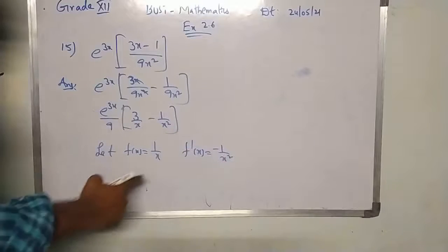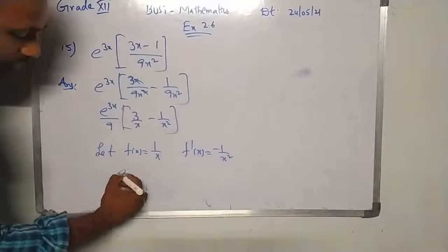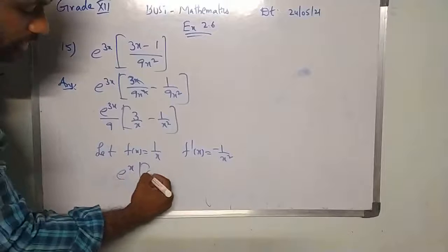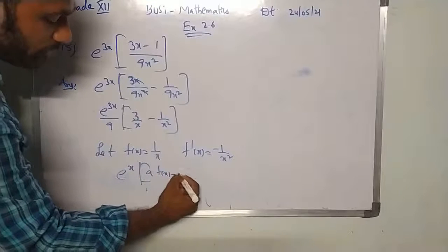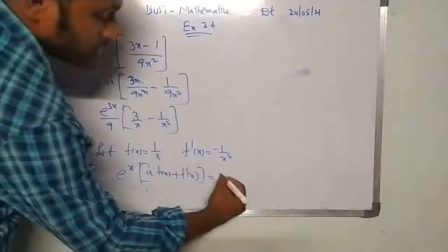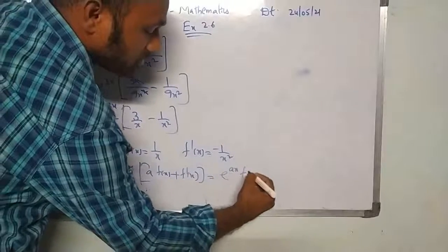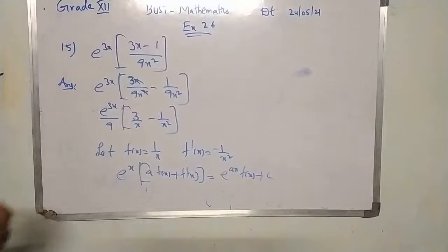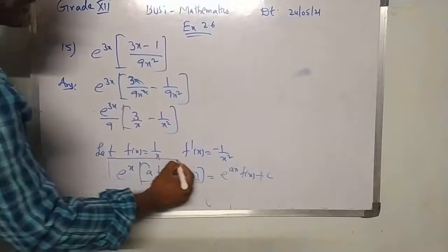So I can apply the formula e power ax into a into f of x plus f dash of x can be written as e power ax into f of x plus c. This formula we can apply.